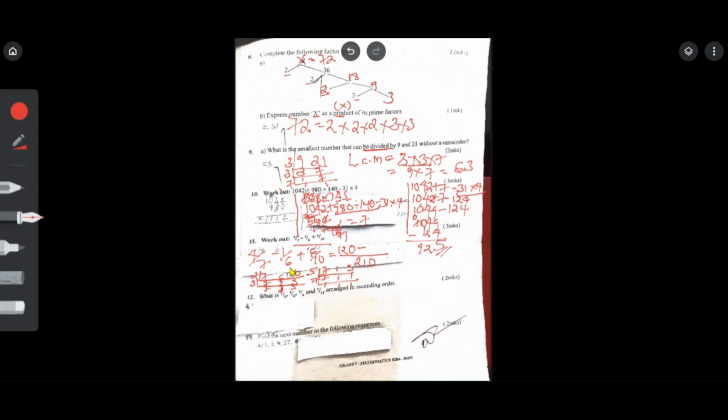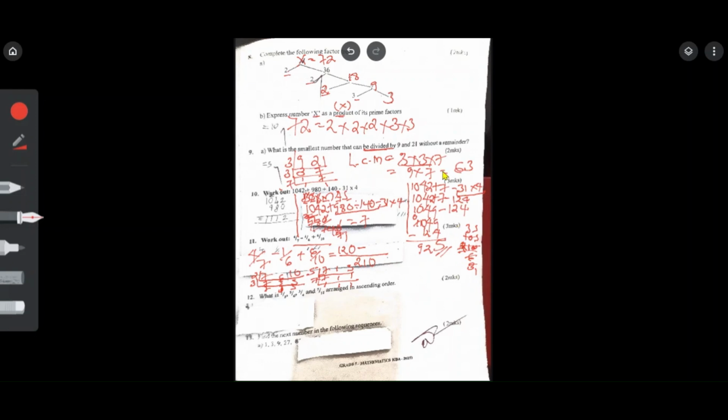210, if I divide by 6, I try to work it out. By 2 gives me 105. Then by 3, 35.